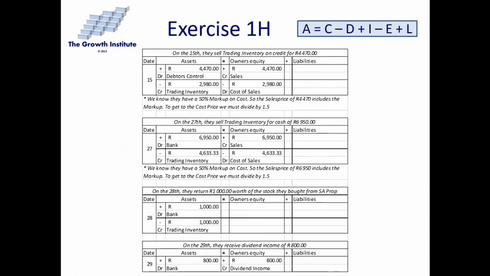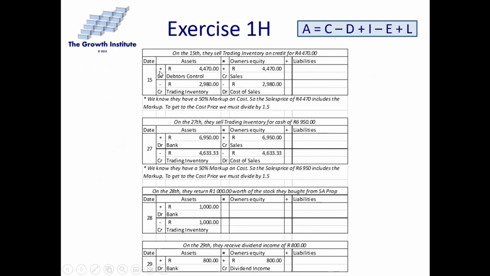Next one. On the 15th, they sell trading inventory on credit for 4,470. And now look what's happening here. The first thing that happens is, because we are selling it on credit, our debtors control is going to increase. Now, debtors control is our asset account here.